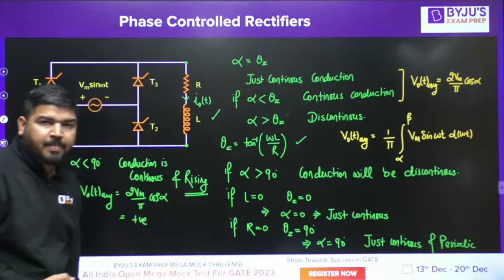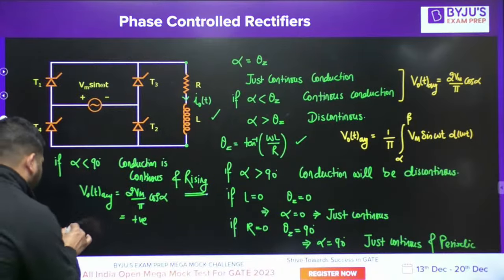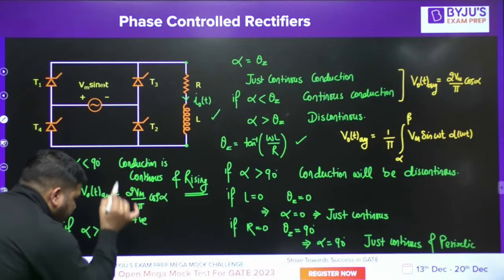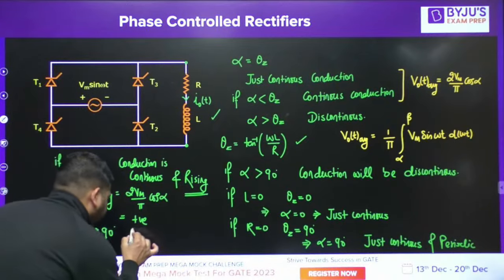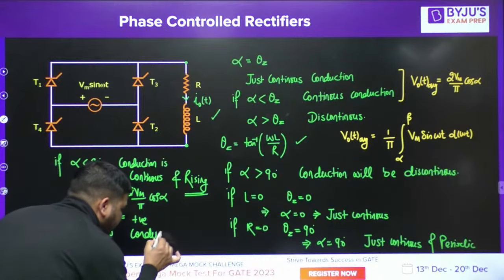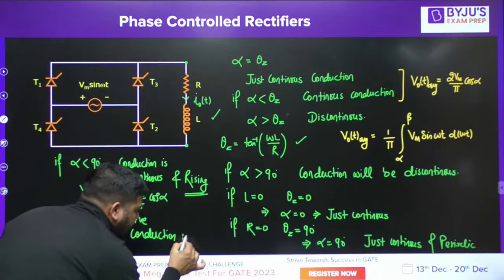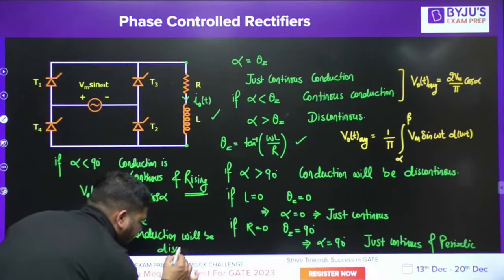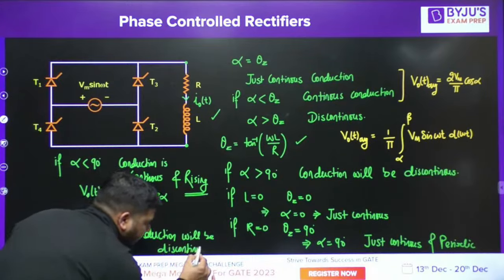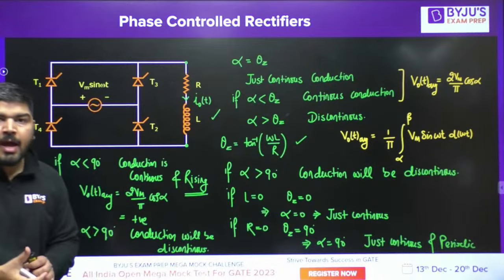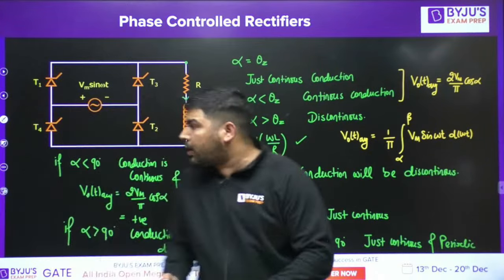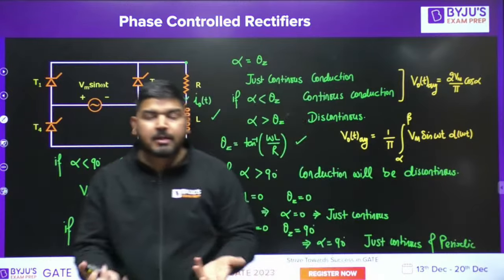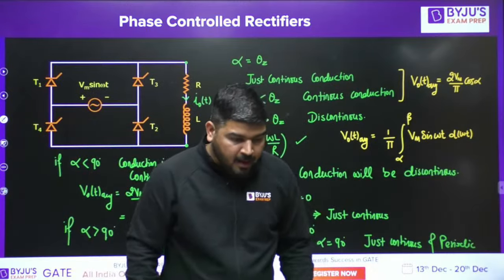It will be rising. Now if alpha is greater than 90 degrees, conduction will be discontinuous in a pure L load. And in discontinuous conduction, if the current is discontinuous, it must be periodic.